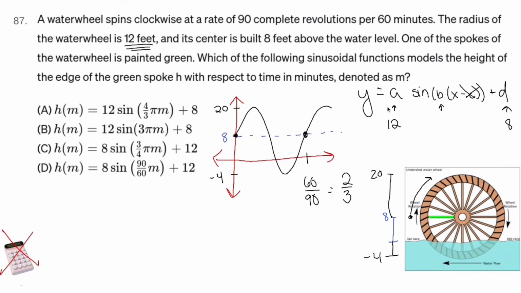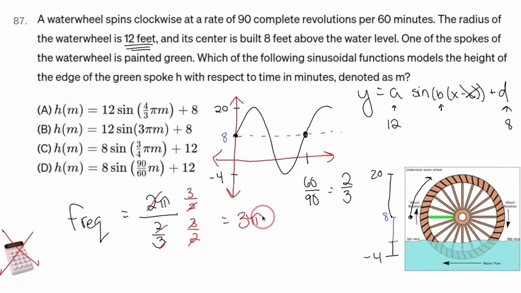What I need to do is find out what my frequency is. Now, my frequency is found by doing 2 pi over the period, which is 2/3. Okay, multiply the top and the bottom by 3 halves, the reciprocal. So that crosses out, that crosses out. I now have 2 pi times 3 over 2, so the 2's cross out, and I'm left with 3 pi.